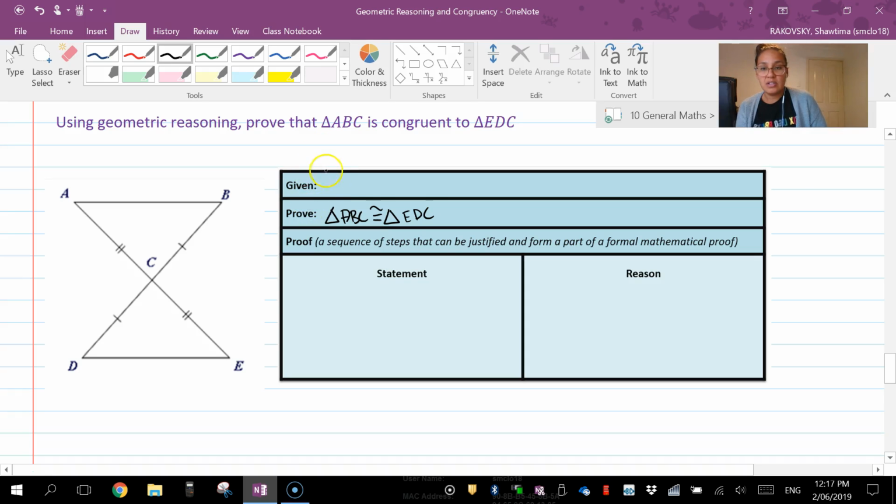Some of the stuff that is given to you is that line AC equals line EC, and line BC equals line DC, so that they are bisecting. So these lines bisect.